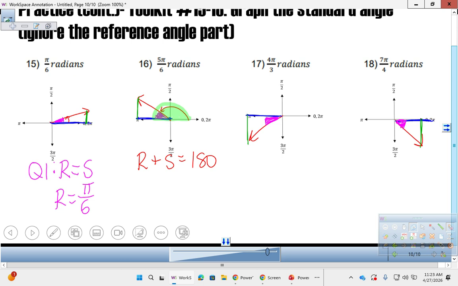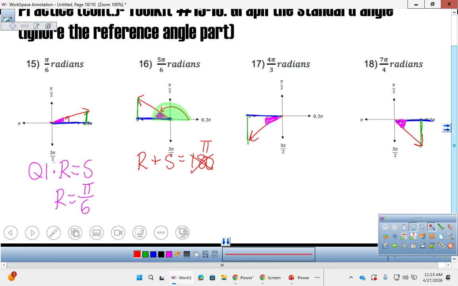That's that one rule you had to remember for your quiz. 180 equals pi. I'm going to change the 180 to a pi, because 180 degrees is pi radians. Together they're a half circle, which is 180, but it's also pi. They're the same thing. 36 inches, 3 feet, same thing, different units. 180, pi, same thing, different units.